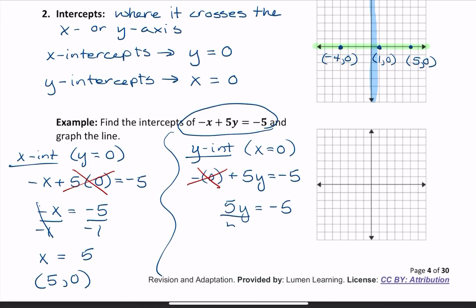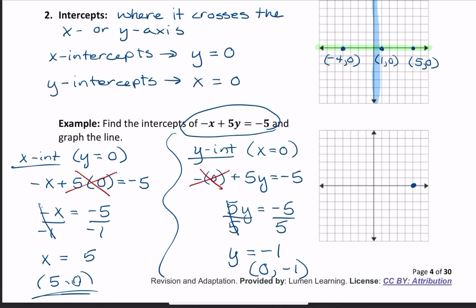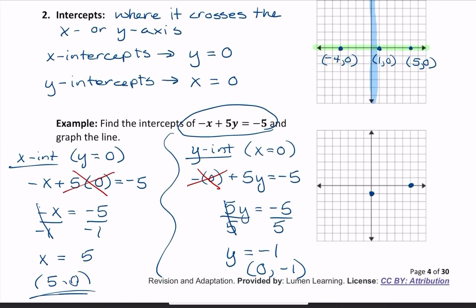And then divide both sides by 5 to get y by itself, and you end up with y equals negative 1. So your y-intercept is going to be 0 for the x, and negative 1 is your y. So now you can graph it from these 2 points, your 5, 0, and your 0, negative 1. So I've got 1, 2, 3, 4, 5, 0, and 0, negative 1. And that's the graph of that line.